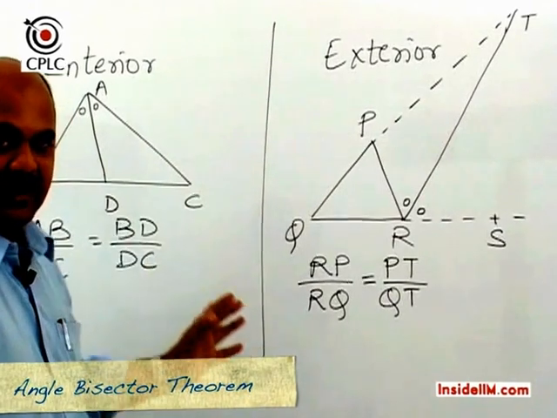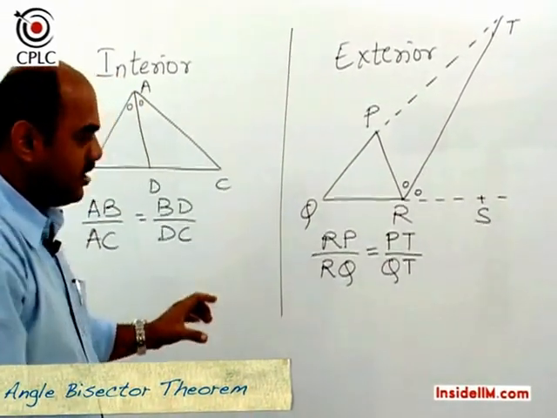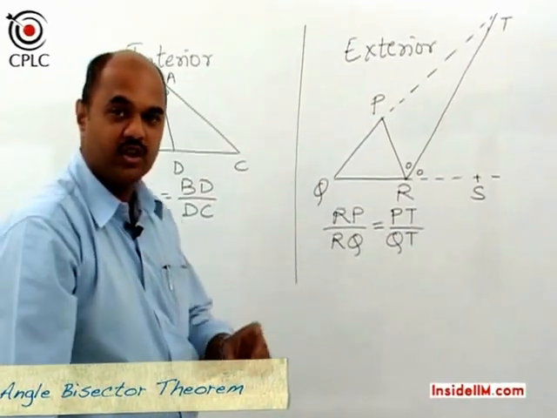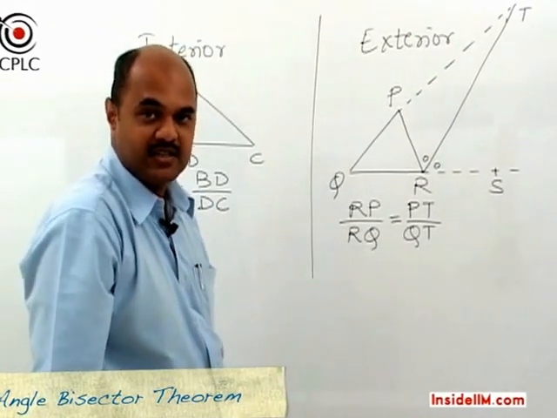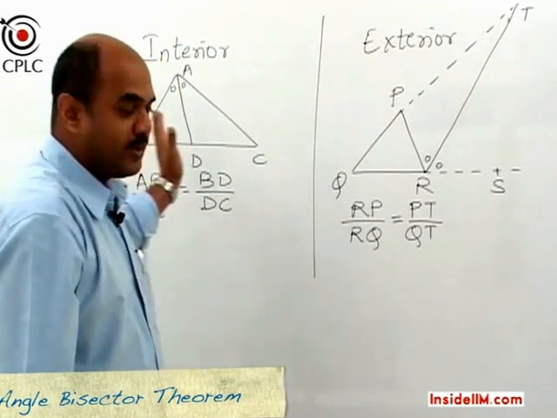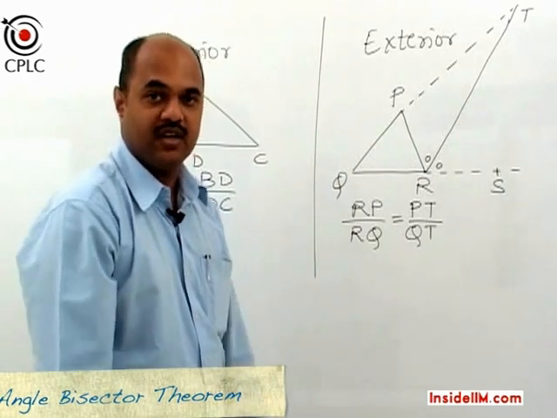This is the angle bisector theorem, which basically gives the ratio for the two sides of the angle being bisected in interior angle bisector form as well as exterior angle bisector form.